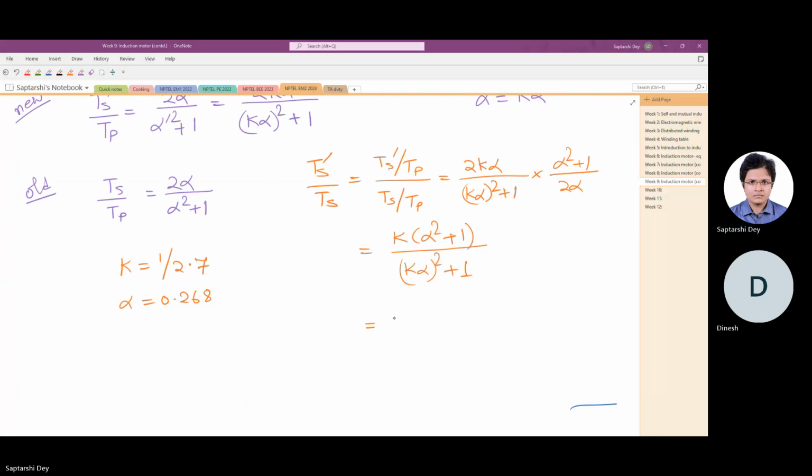It should be how much? K is 1 by 2.7 times alpha squared, 0.268 squared plus 1, divided by k alpha, 0.268 by 2.7, squared plus 1, 0.393.